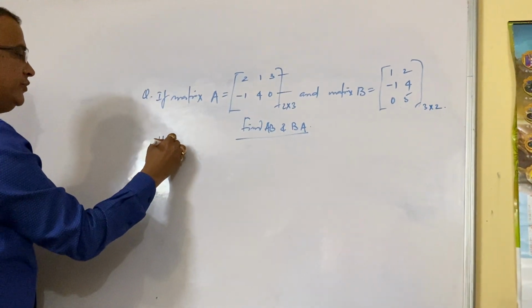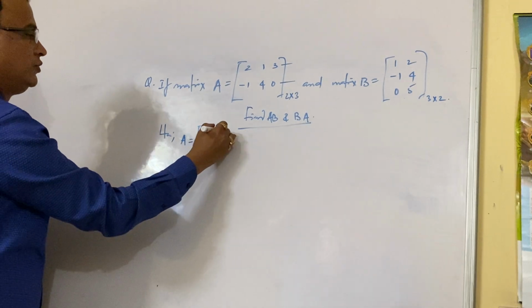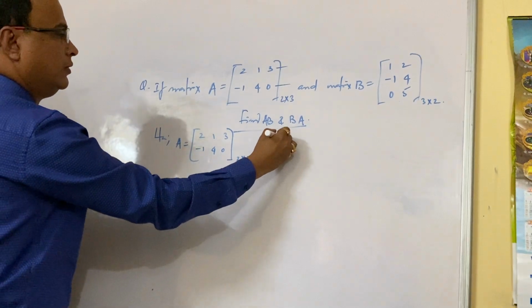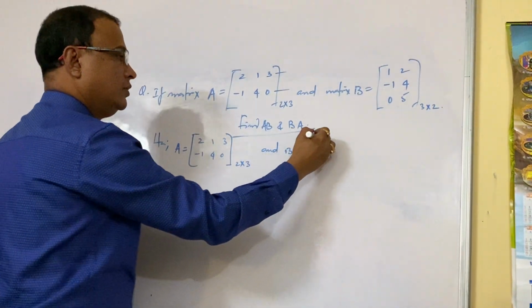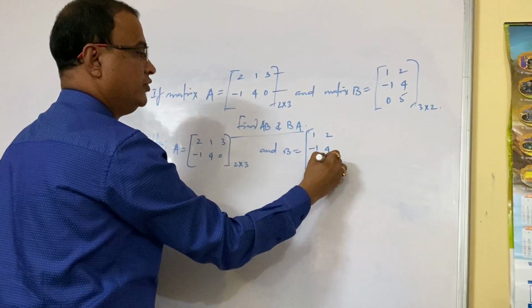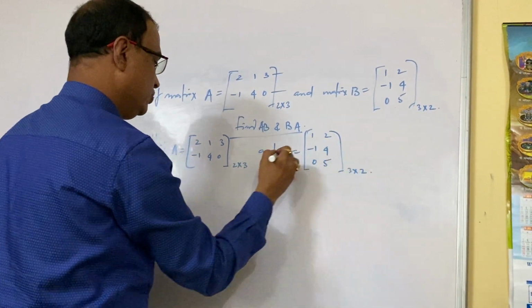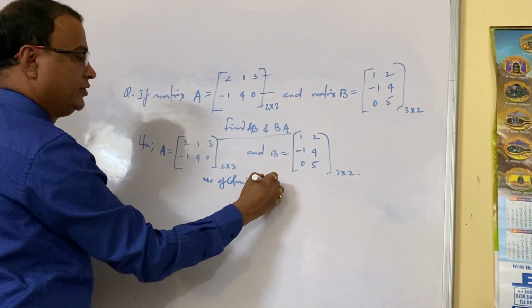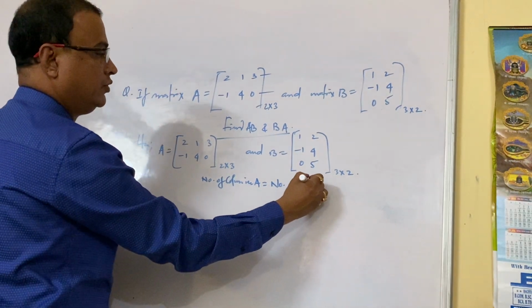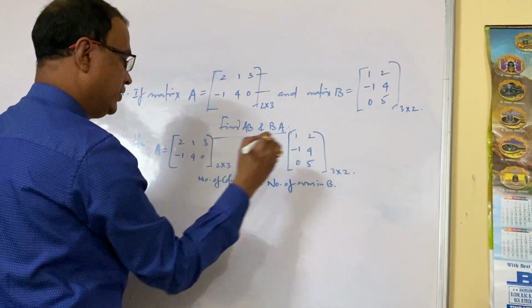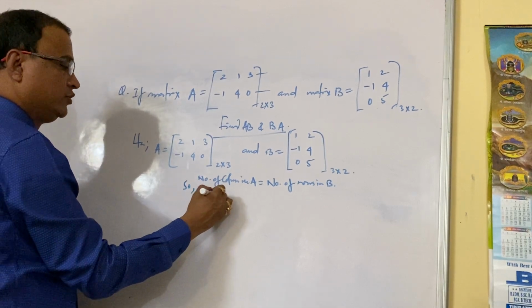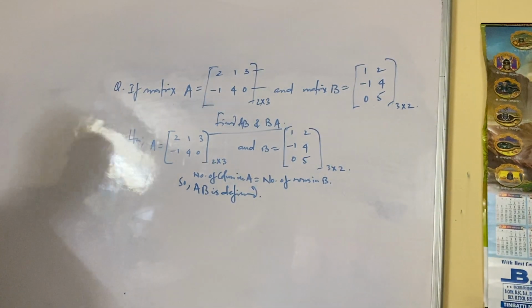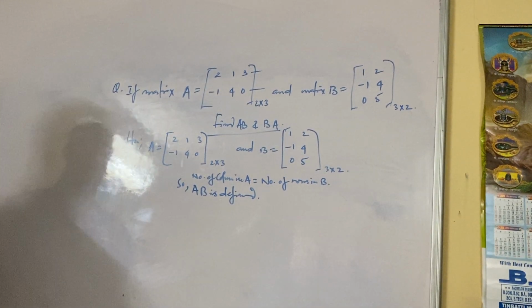You can see the number of columns in A is equal to the number of rows in B. So A into B is defined. Now the thing is how we multiply this.